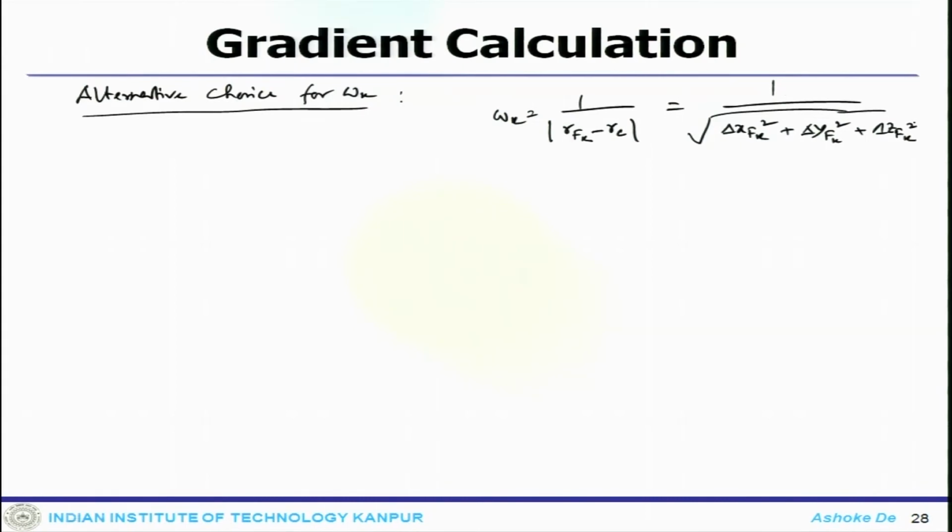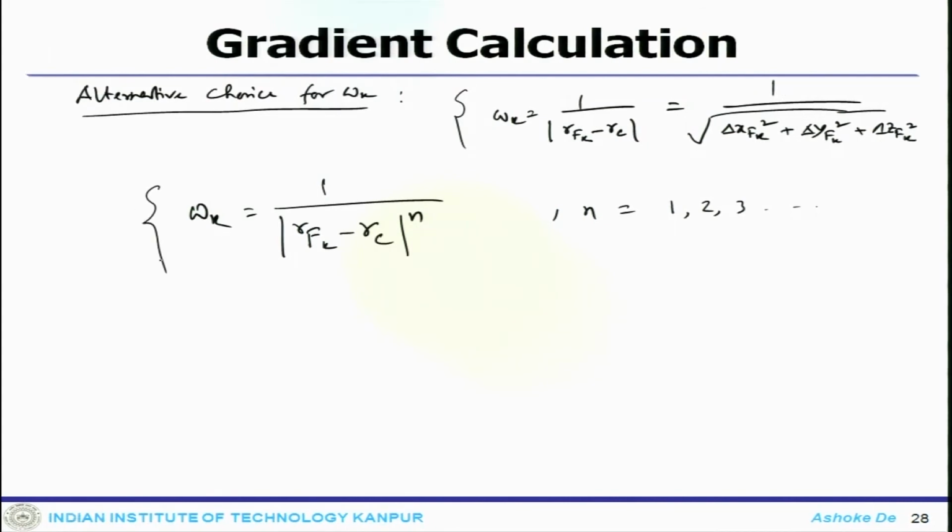So, that way one can estimate Wk. The other option is that one can also use Wk as an inverse distance to the power n, where n could be 1, 2, 3 and so on. So, it is also possible not to take the direct inverse, but to take a power of that inverse.